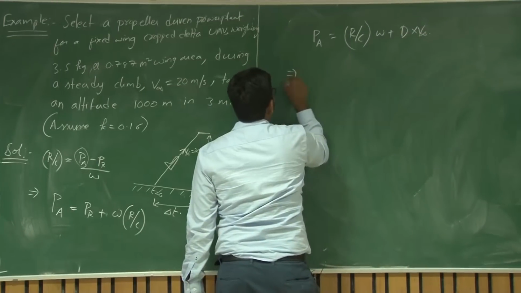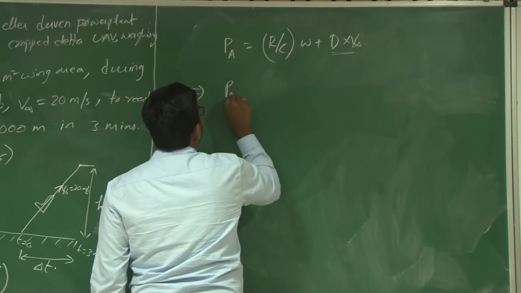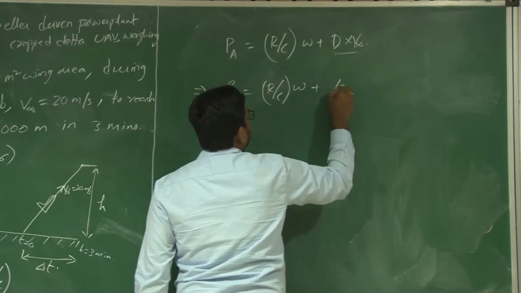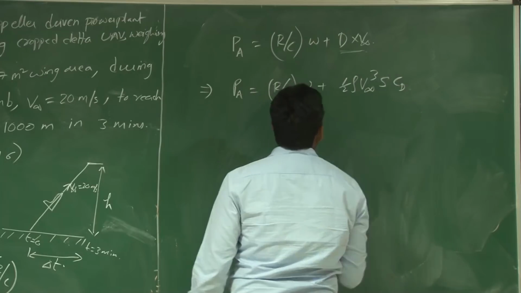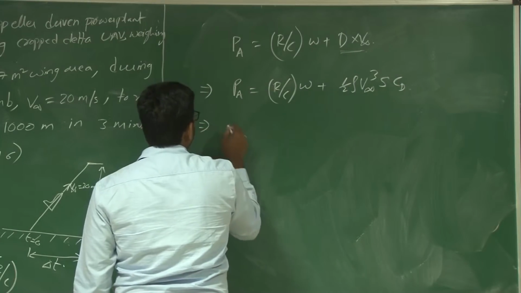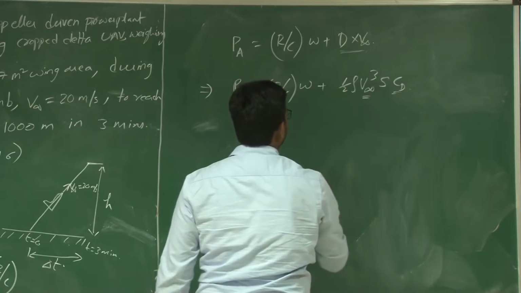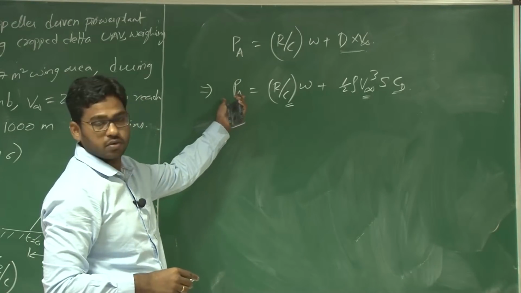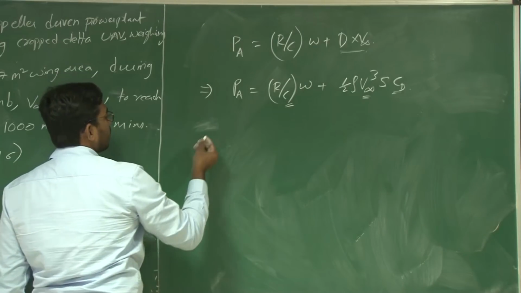This is the power required in this case. So this is drag into velocity. So power available is equal to rate of climb into W plus half rho V infinity cube S into CD. So if we know what is CD here, we know what is velocity of climb, we should know what is the rate of climb in order to find out what is the corresponding power output from the power plant. Okay.